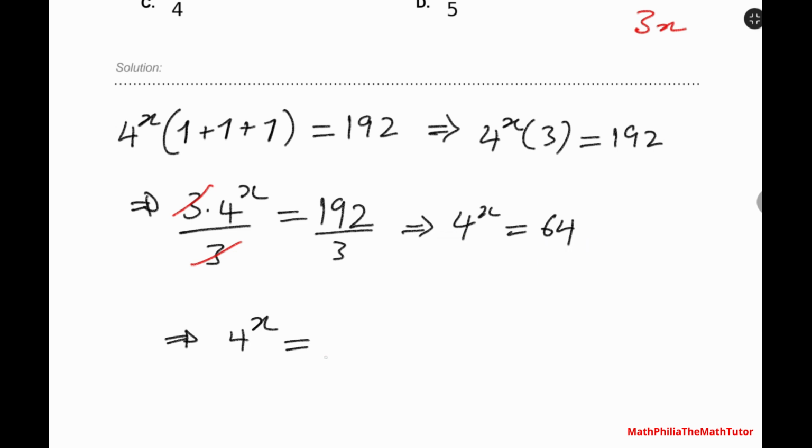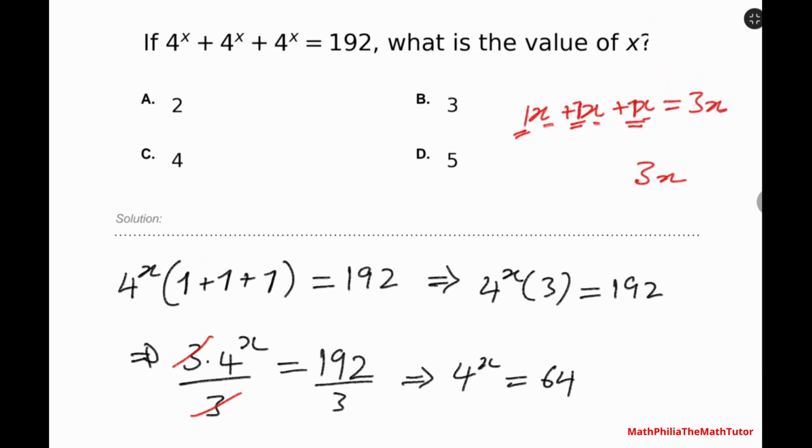So that is going to be 4 raised to the power of 3. According to the property, if these bases are equal, then we can equate the powers. That is, x is equal to 3. And this is the final answer to this question. That is option B.